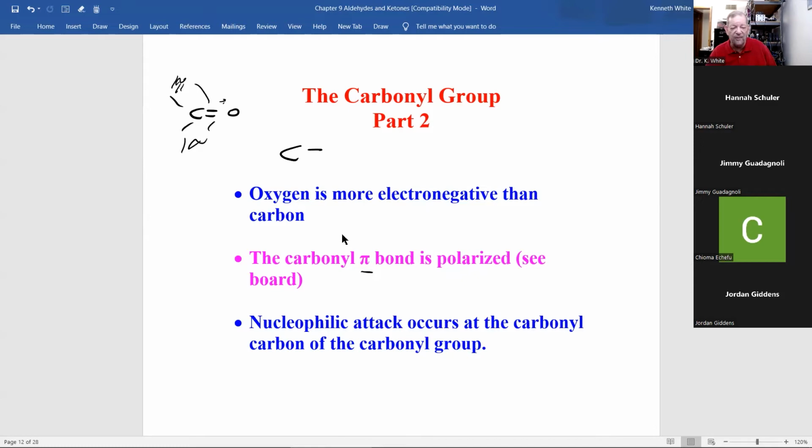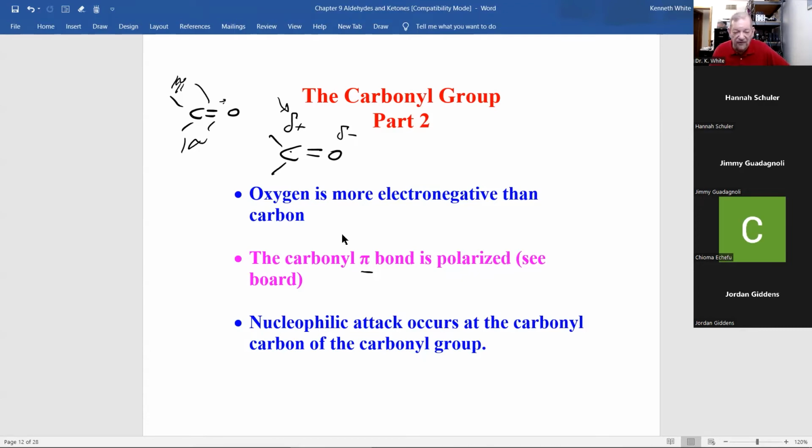And so a carbonyl carbon really looks like this. And what this delta means is slight. There's a very slight positive charge on the carbonyl carbon, carbon double bonded to oxygen, and a very, very tiny negative charge on oxygen.